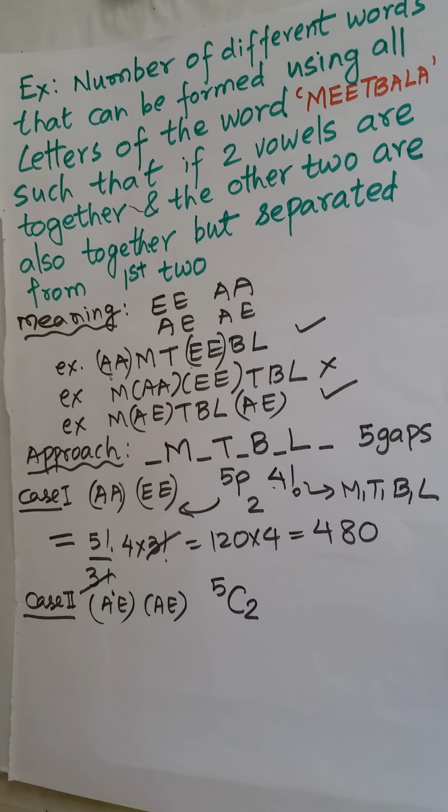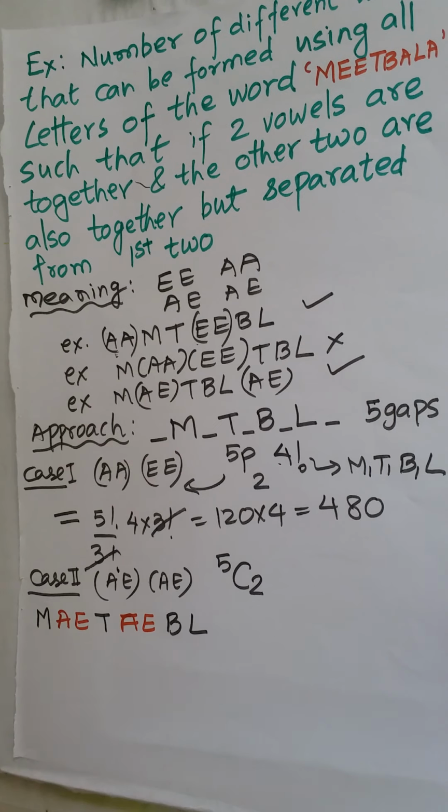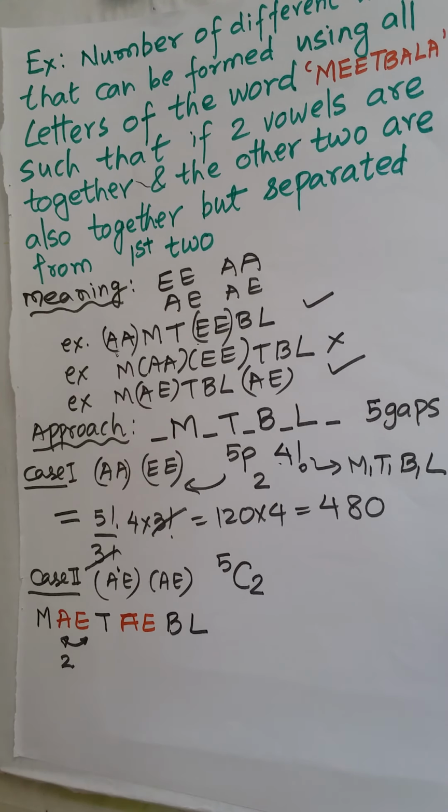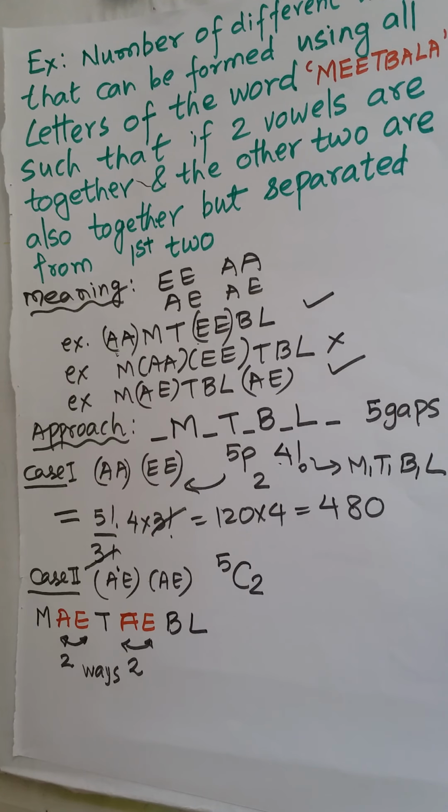Once we have selected them, for example, a typical case may look like this. After assigning 2 gaps, the other 3 gaps cease to exist, and the typical arrangement will look like this. Now at these positions, this AE can be permuted in how many ways? Yes, 2 ways, and the other AE again in 2 ways.